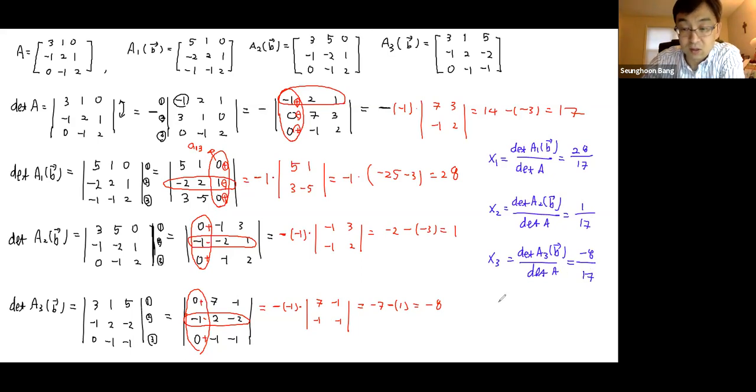You can write like this, or you can write the vector x: x1 is 28 over 17, x2 is 1 over 17, x3 is negative 8 over 17. Either one is fine.